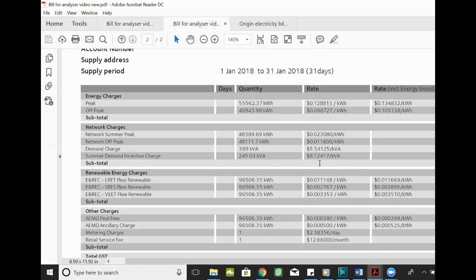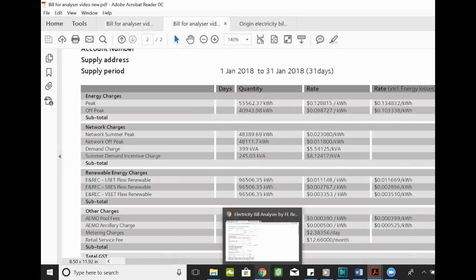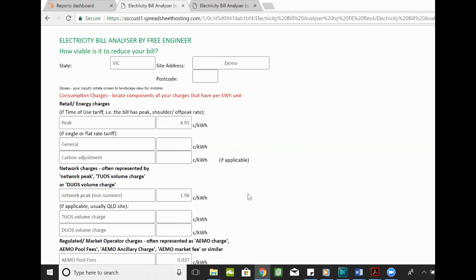The main difference is that from 4.9 cents, the peak rate has gone up to almost 13.5 cents per kilowatt hour. That is a big jump. It would be interesting to see how that affects the bill analyzer and the viability to reduce that.